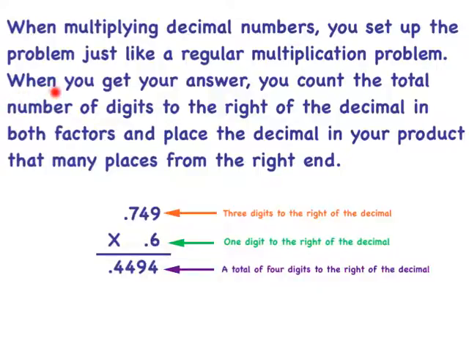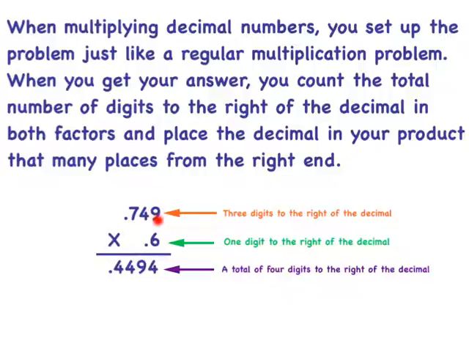Now, when you get your answer, you're going to count the total number of digits to the right of the decimal in both factors, and then place the decimal in your product or your answer that many places from the right end. For example, in this first number, if I were to find the decimal point, I would go to the right and count 1, 2, 3.